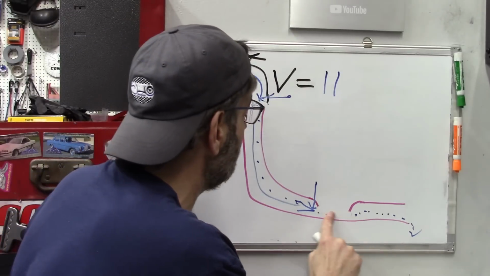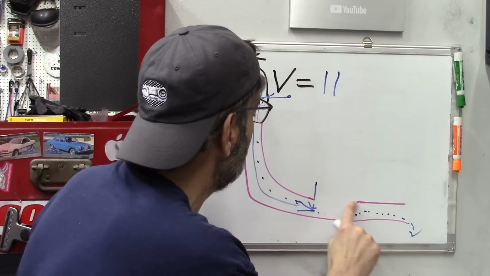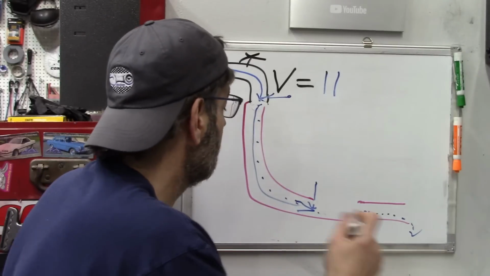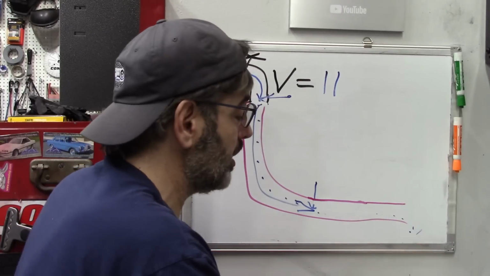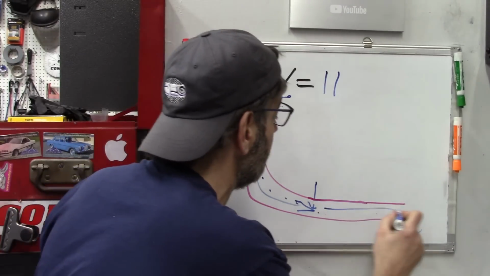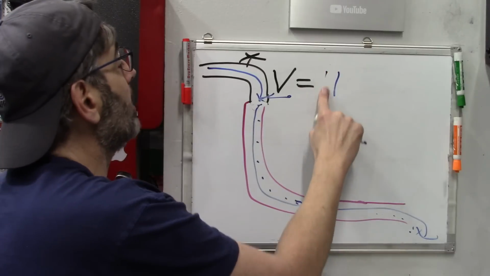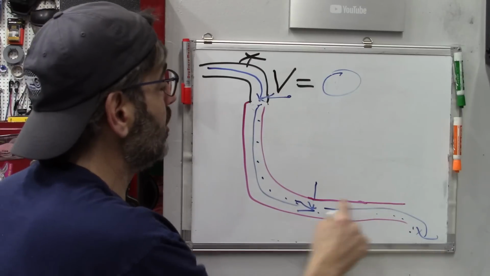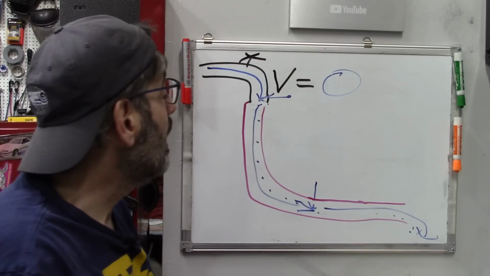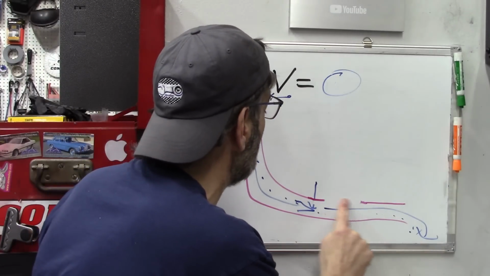Now, of course, as soon as we release this kink in the hose, well, now we no longer have that obstruction. Our flow returns to full speed, but we're going to drop our pressure. There's going to be no pressure in here again. All right, let's step on that hose one more time.